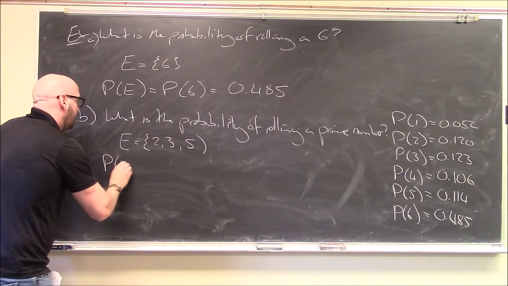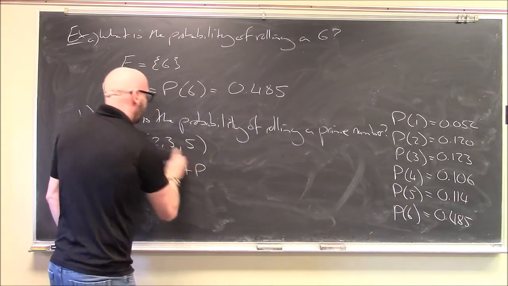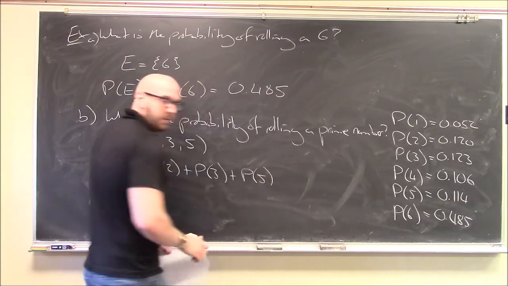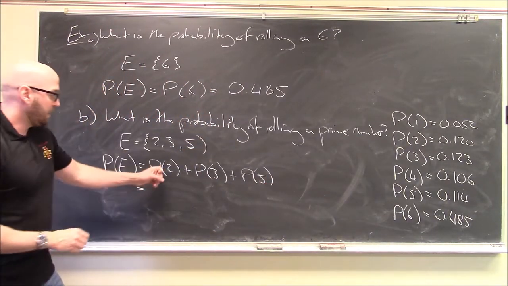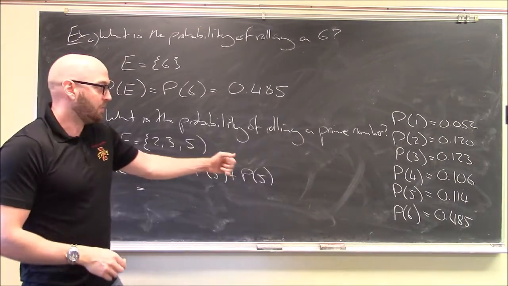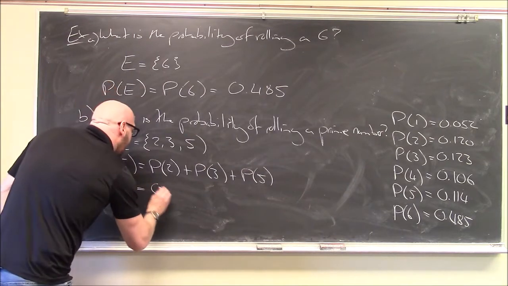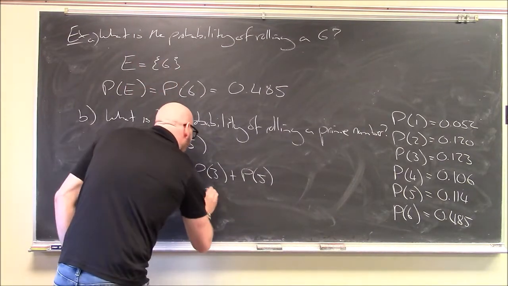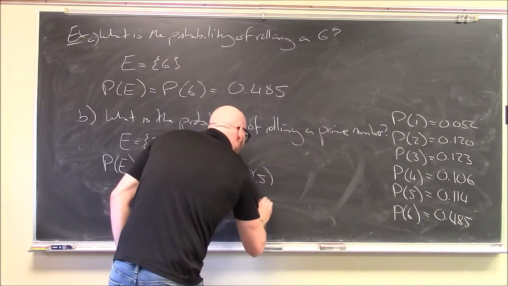So the probability of this event would be the probability of rolling a 2 plus the probability of rolling a 3 plus the probability of rolling a 5. And now I just have to add them up. Before we just assumed these are all 1/6, but now using some empirical data, my probability of rolling a 2 is 0.120. Probability of rolling a 3, 0.123. Probability of rolling a 5, 0.114.